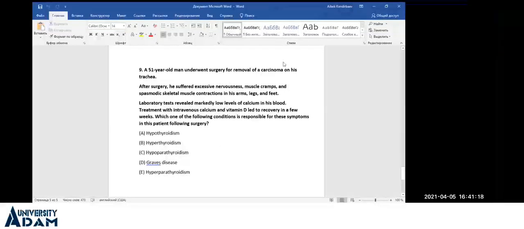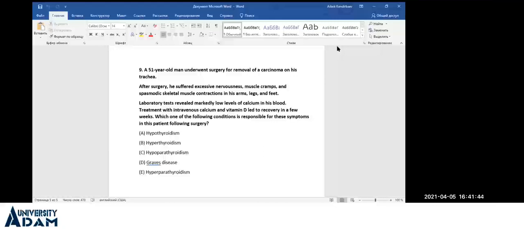A 51-year-old man underwent surgery for removal of a carcinoma on his trachea. After surgery, he suffered excessive nervousness, muscle cramps, spasmodic skeletal muscle contraction in his arms, legs, and feet. Laboratory tests revealed markedly low level of calcium in his blood.